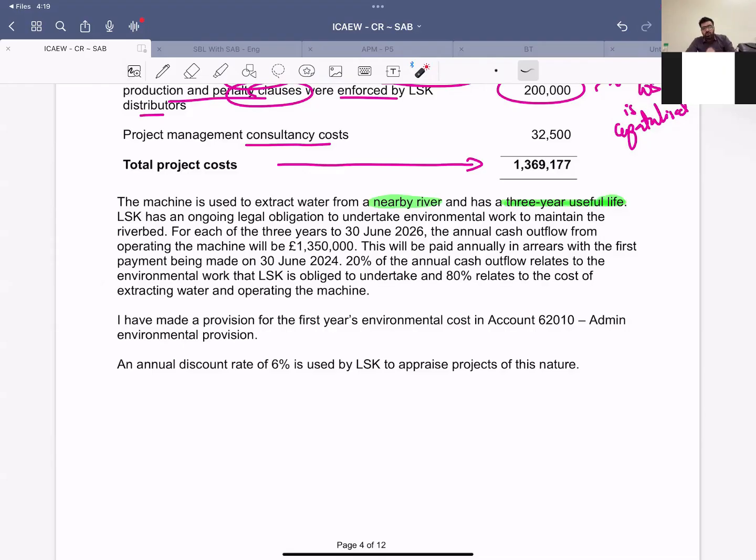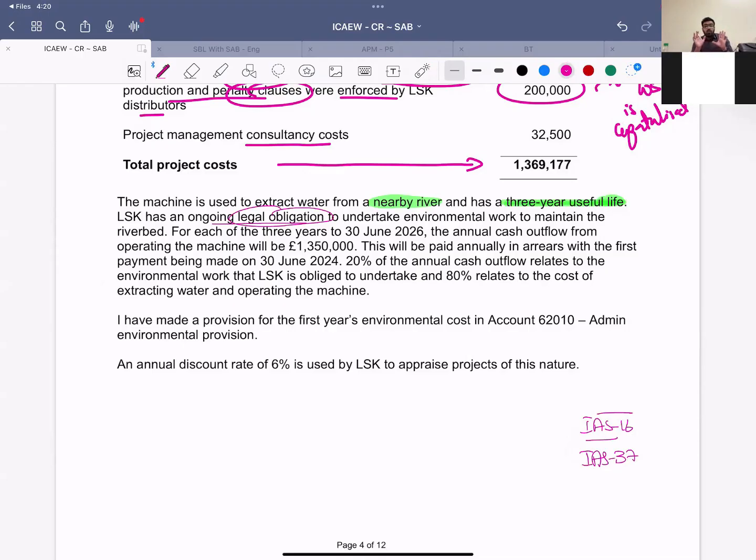Just think of financial reporting adjustments. So IAS 16 adjustments are required, right? IAS 16, and then for 3 years LSK has an ongoing legal obligation. When you think of legal obligation, I believe that IAS 37 might play a role.